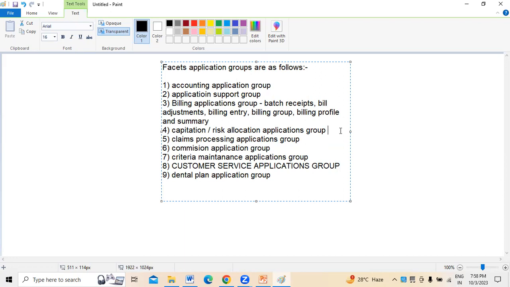At the same time, if there is any commission entity or commission inquiries, or any commission scheduling or custom commission summaries we are mentioning, all this information has to be updated under the commission application group. So it majorly focuses on the commissions we are managing, and everything will be mentioned in this.